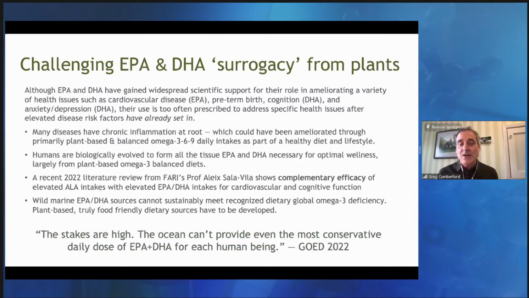And humans and all mammals are biologically evolved to form all the tissue EPA and DHA necessary for optimal wellness, largely from plant-based diets. There's actually a recent 2022 literature review from Professor Ale Salavila showing how complementary dietary approaches from both ALA plant-based sources with EPA and DHA sources are optimal for more cardiovascular and cognitive functional outcomes.